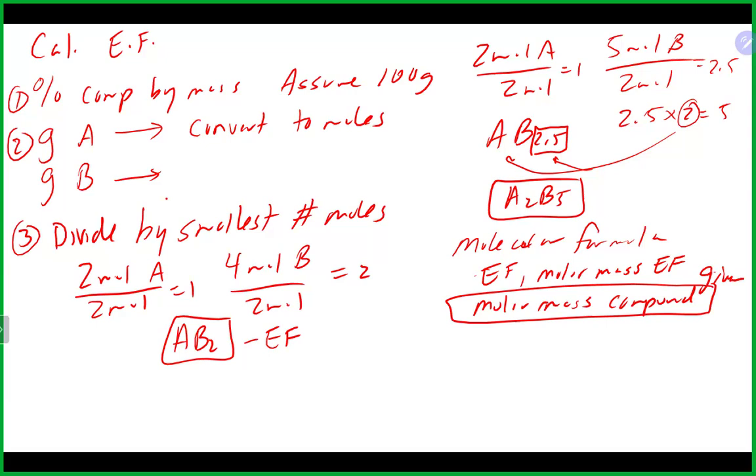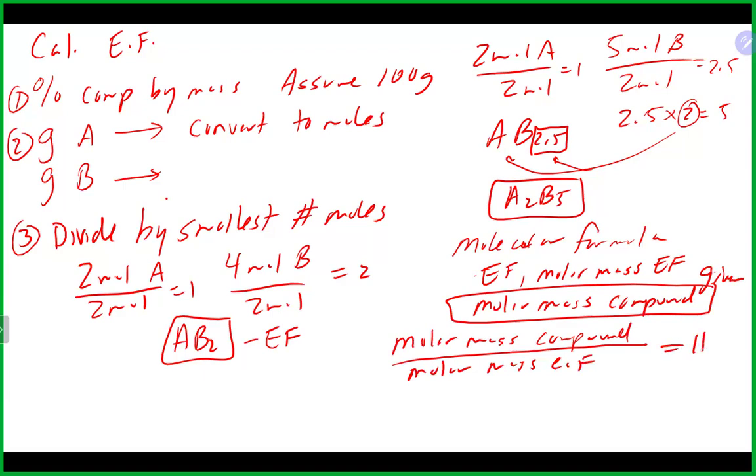What you do is you take the molar mass given to you of the compound, you divide it by the molar mass of the empirical formula, and that's going to give you a number. And that number is what you would then multiply your empirical formula by.